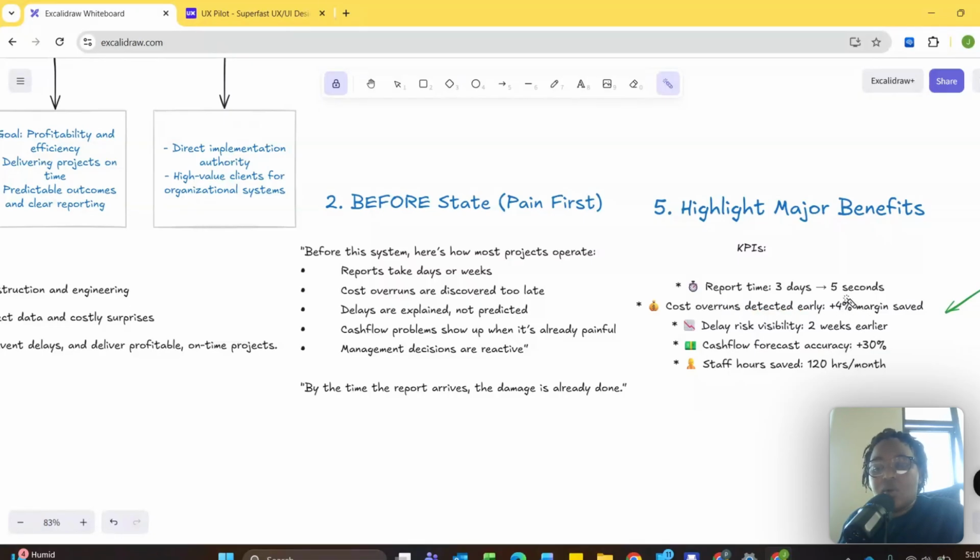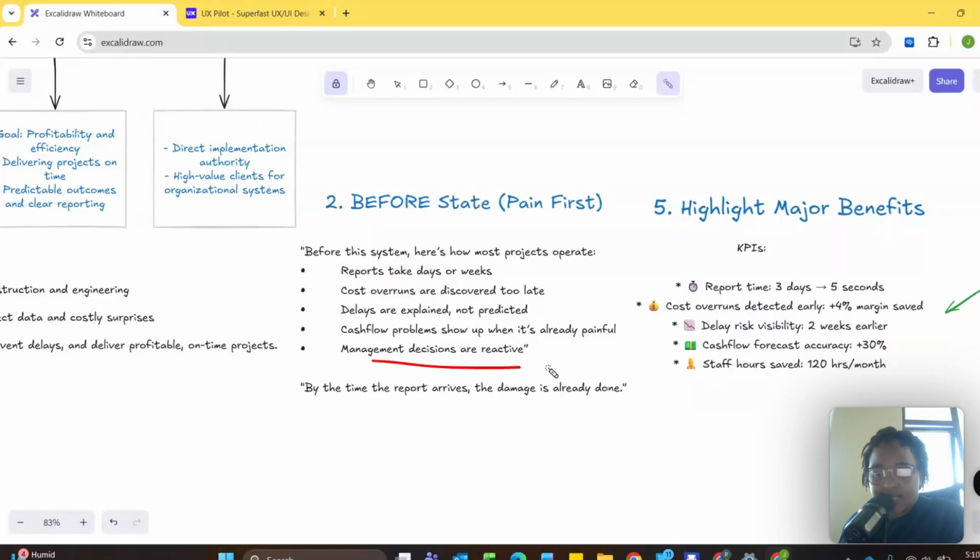And what does this mean? Maybe 4% margin will be saved. Previously, delays were explained but not predicted. Now the delay risk could be visible 2 weeks earlier. Cash flow problems used to show up when it was already painful, so now we'll have a cash flow forecast accuracy of about 30%.